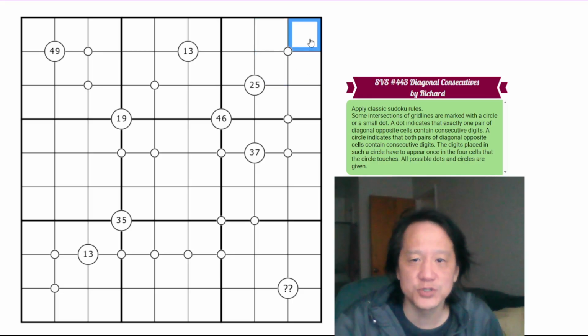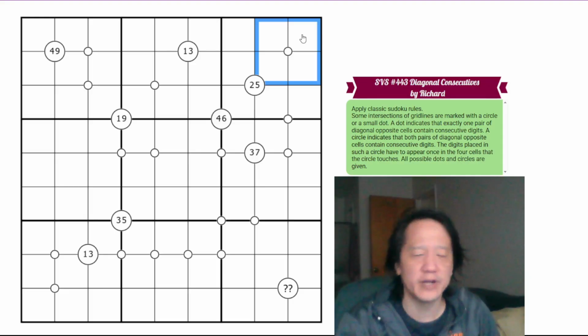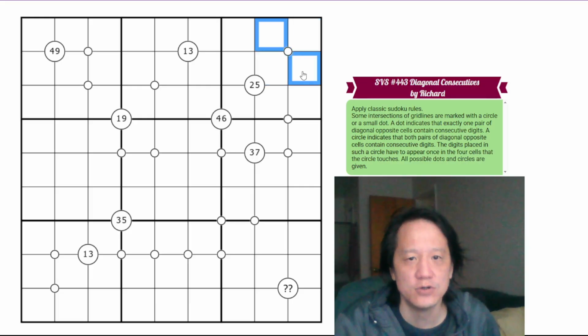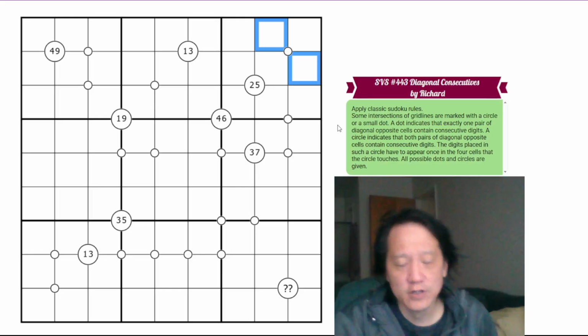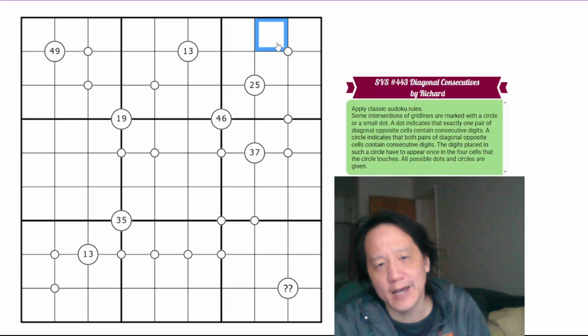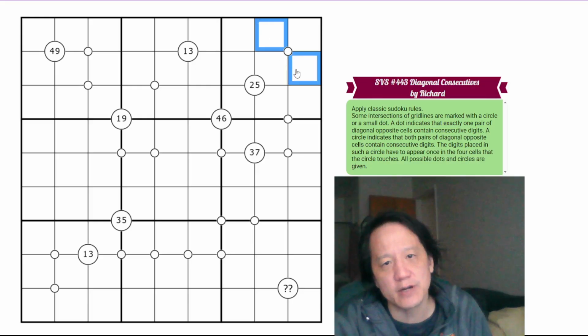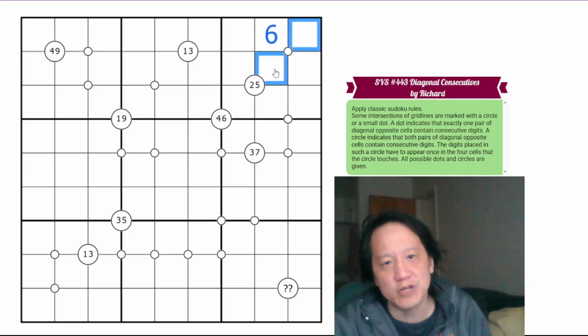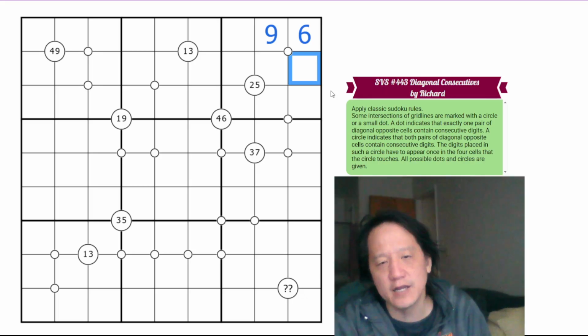So a small dot means that there's exactly one pair of diagonal cells around this small dot which must be consecutive. So as an example, if you had a 6 here, this would guarantee this is 5 and 7. Or let's say we knew this was 6 and we knew this was 9 and 1.